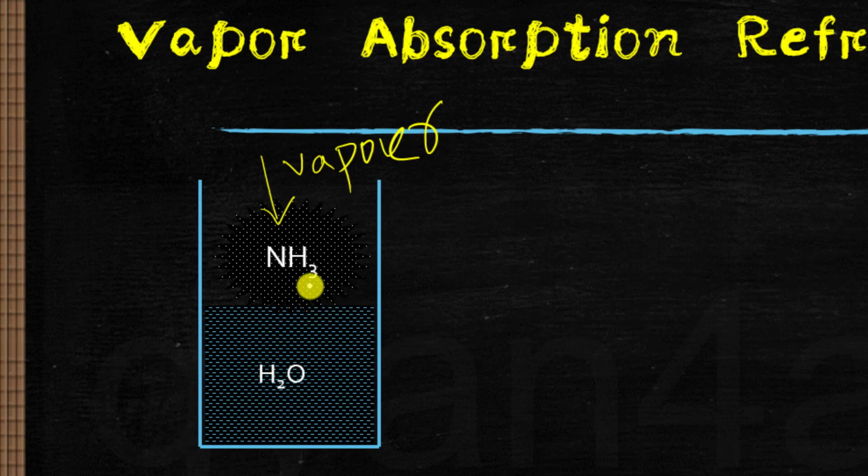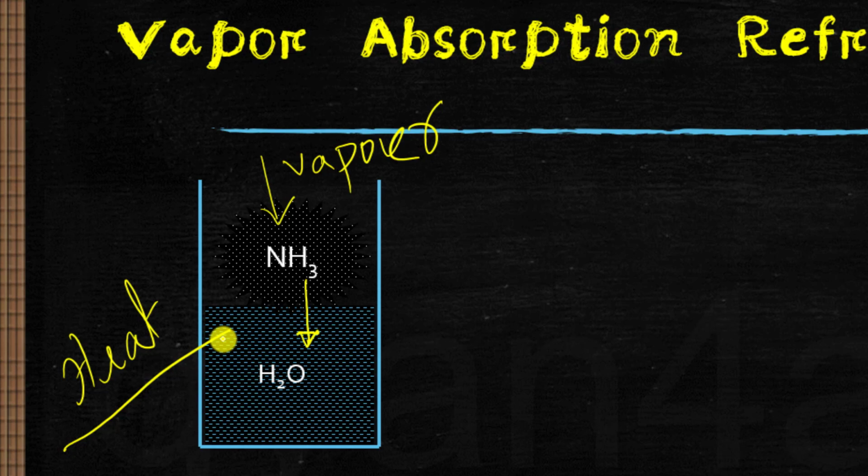then what will happen? The ammonia will dissolve in the water, and not only that, it will also produce some heat during this absorption process. Water immediately absorbs the ammonia vapor, and in that process heat is released during this reaction.